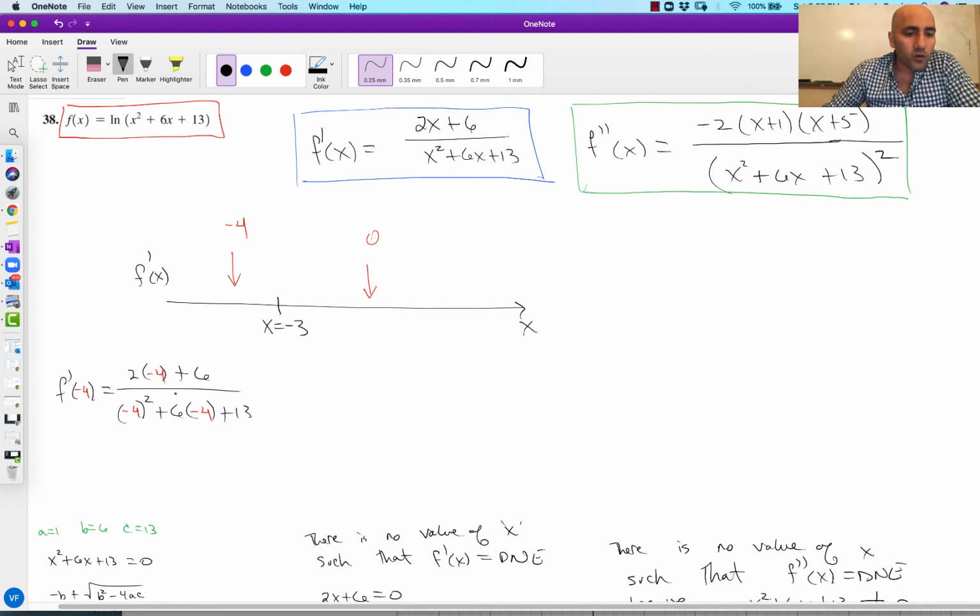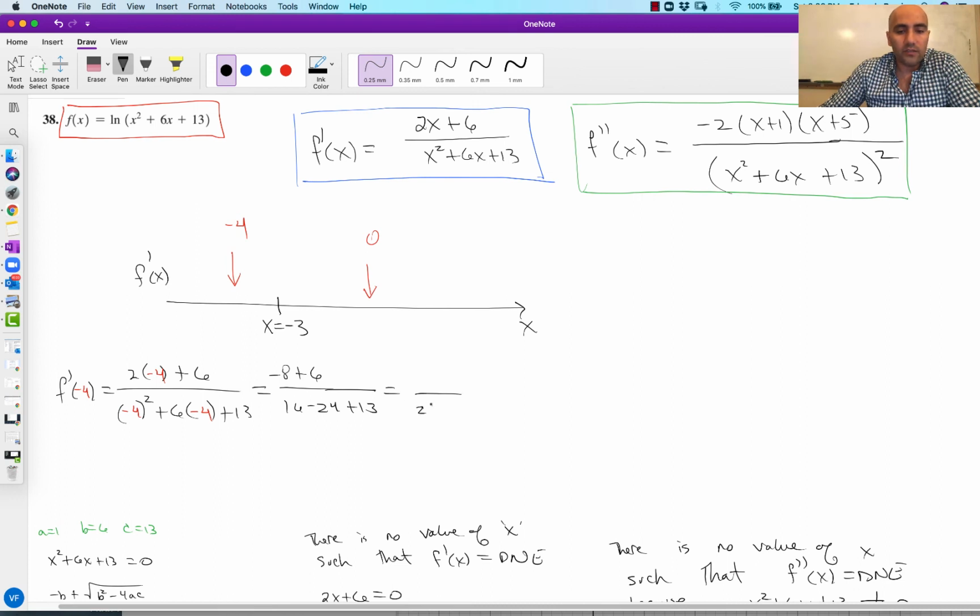Okay, so this will be -8 plus 6 in the numerator. That's going to be 16 minus 24 plus 13. So 16 minus 24 plus 13. So that'll be 26 minus 24, sorry, 29 minus 24.